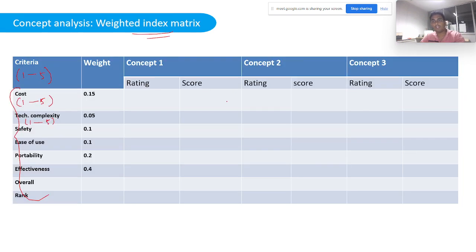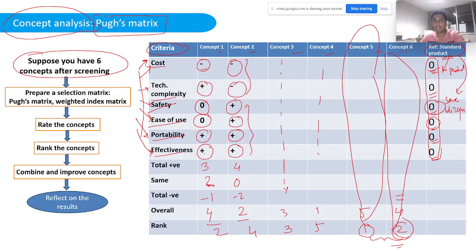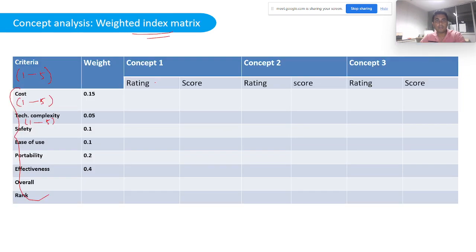You can use the concepts themselves to compare. First you will provide a score for each of the concepts. So cost wise you will compare horizontally here, not vertically like this. You compare concepts horizontally for cost, because now it's a comparison against cost.